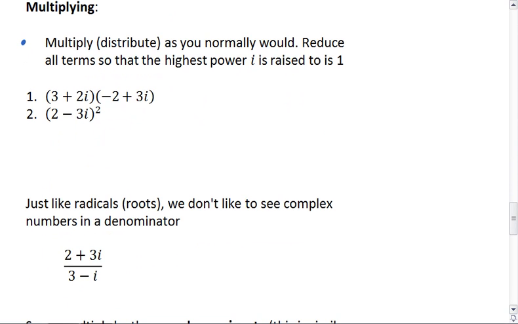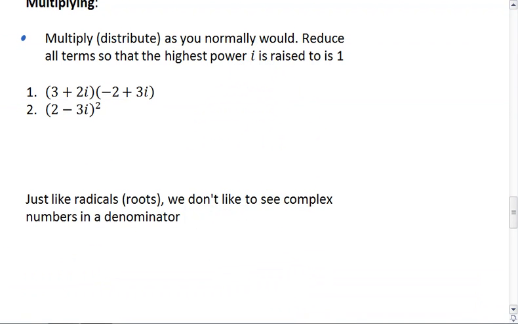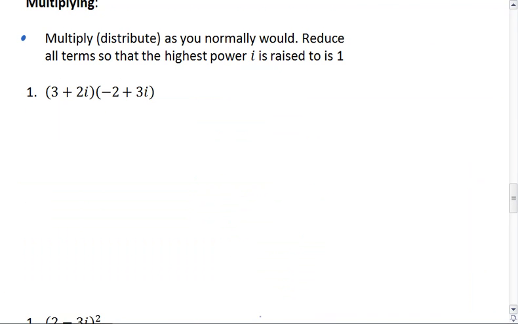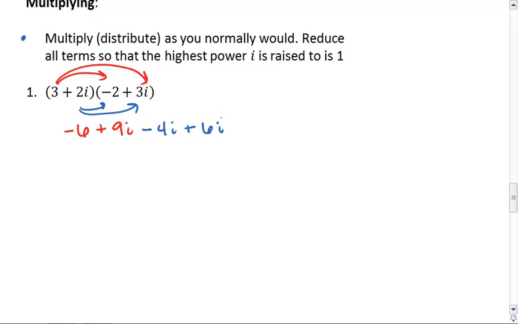Alright, so for the first problem, we want to multiply through. We distribute as normally. Giving us a negative 6 plus 9i. Distribute again, we get minus 4i plus 6i squared.